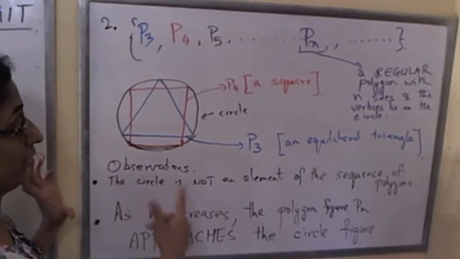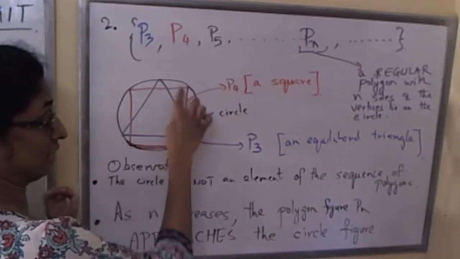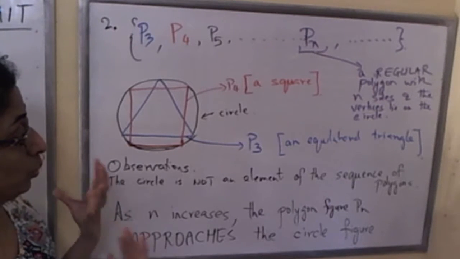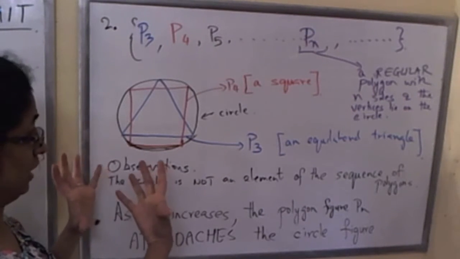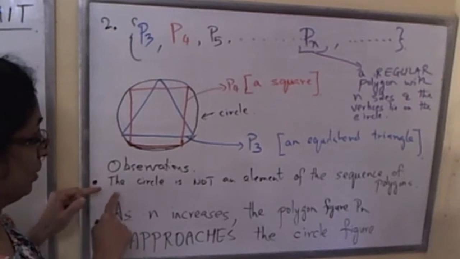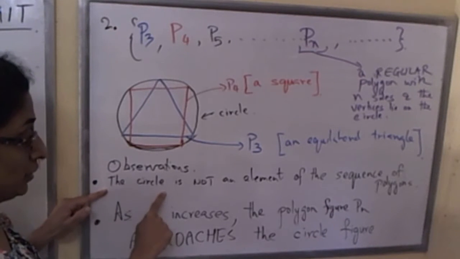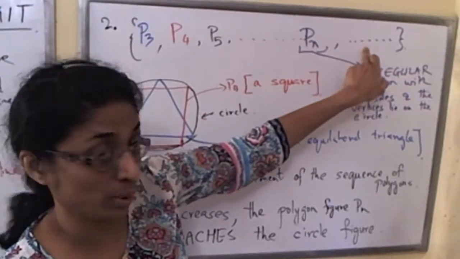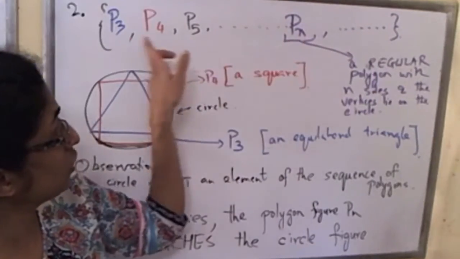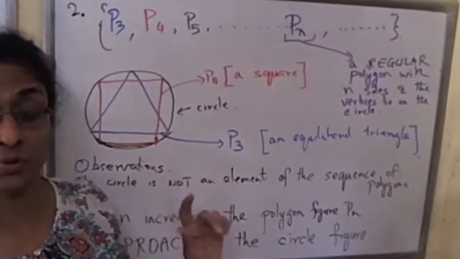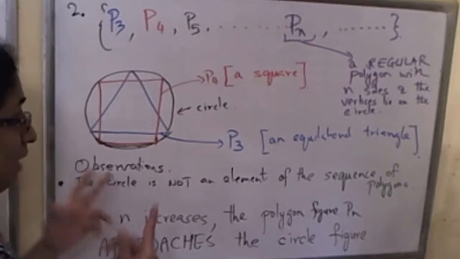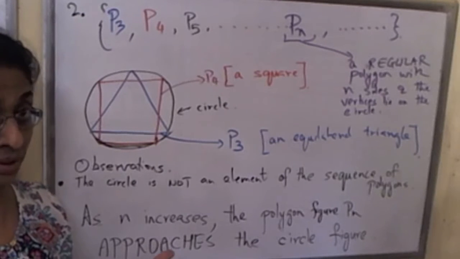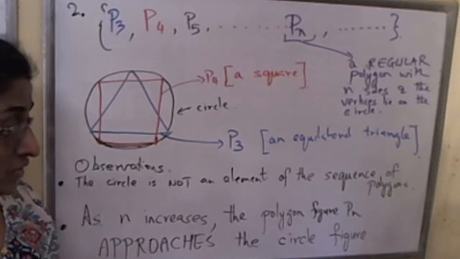So visualize the rest of the figures that I have not drawn here and think about what we notice visually about those figures. Notice first, the circle is not an element of this sequence of regular polygons. Each of these polygons is made up of straight line segments, and as you can see from our intuitive idea, the circle is not made up of straight line segments.